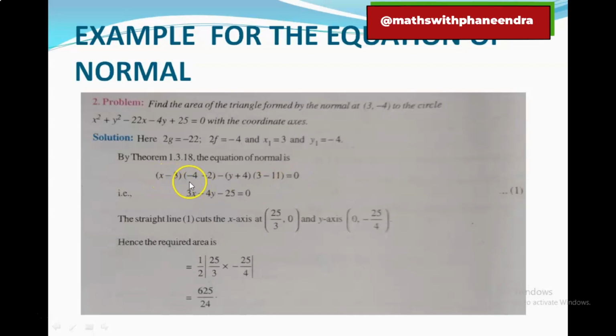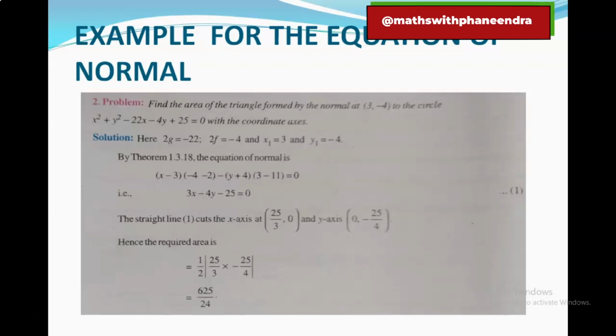So (x - 3)(-6) - (y + 4)(3 - 11). So (x - 3)(-6) - (y + 4)(-8).